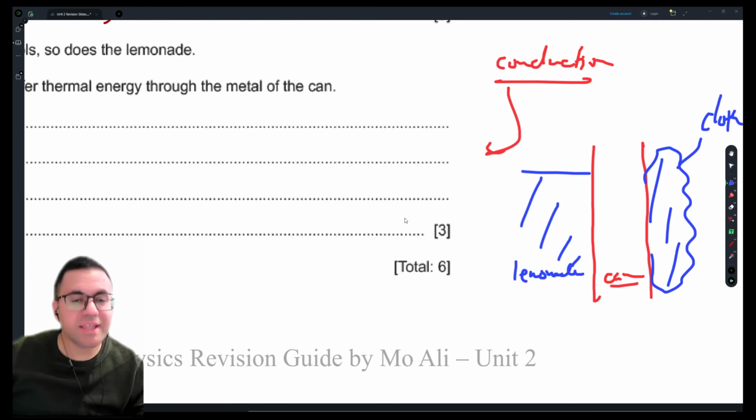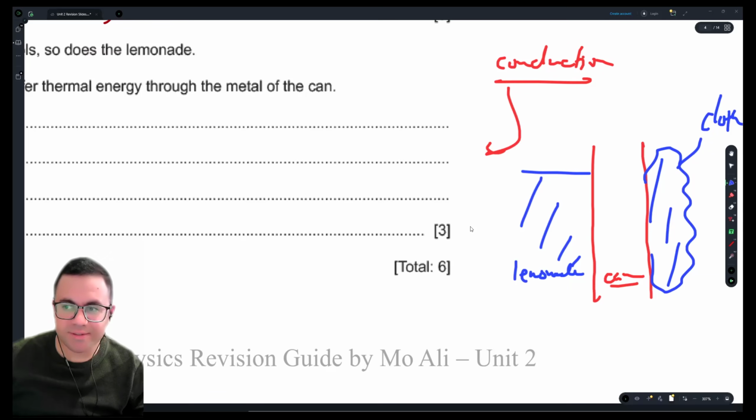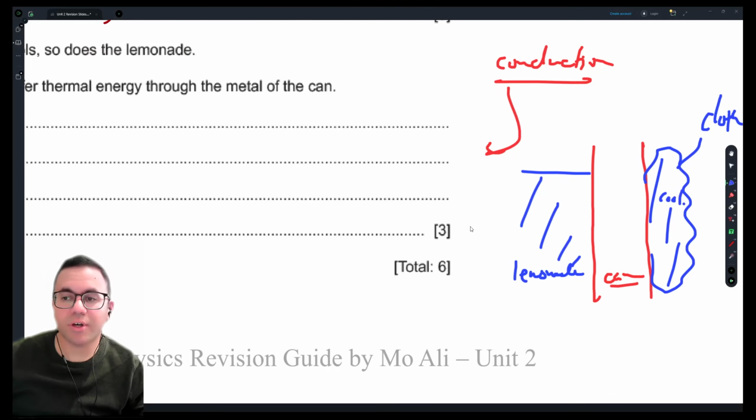So conduction is the name of the process, right? But the way this works is this. When the liquid molecules escape, the cloth is now cooled, which does what? Which absorbs heat by conduction from the surface of the can.